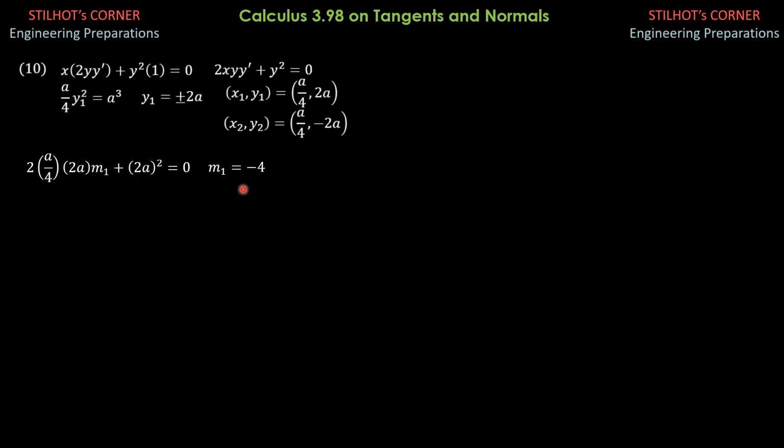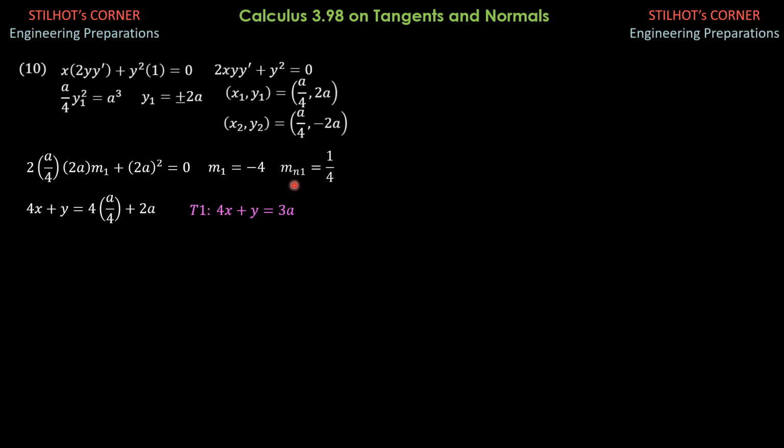Therefore, the corresponding slope of the normal line is positive 1/4. So for the tangent, 4x plus y equals 4 times x1 plus y1. 4x plus y equals 4 times a over 4 plus 2a. Simplifying, 4x plus y equals 3a. So that's the equation of the first tangent.